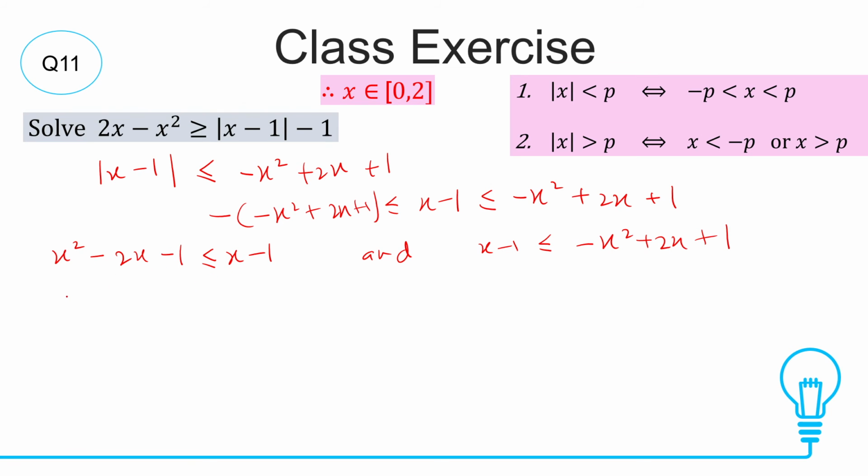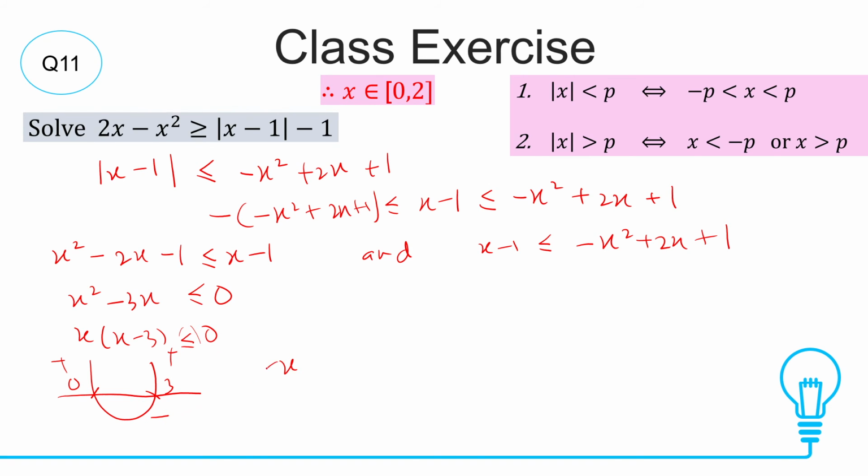This one I rearrange: x squared minus 3x. This one shifted here becomes 0. So x times x minus 3 less than 0. Smiling face, 0 and 3, positive, positive, negative. Since this is a less than, I take my answer for the negative, between 0 and 3.